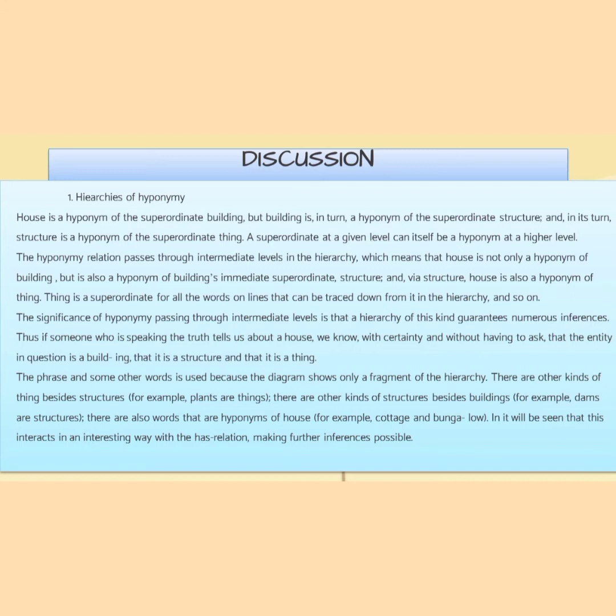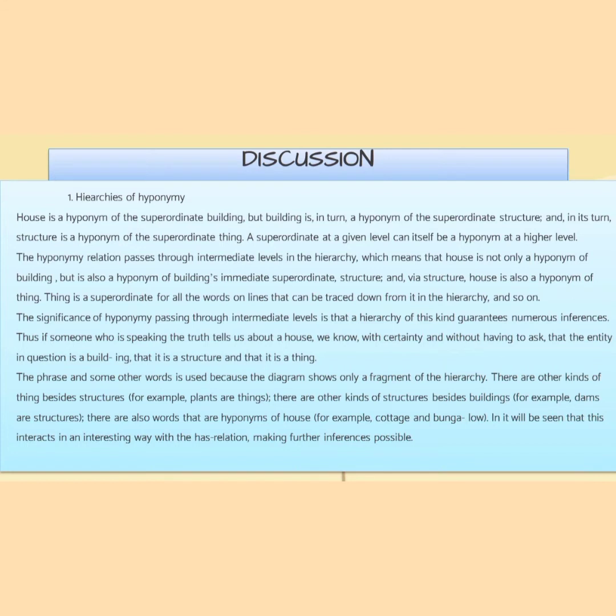the hierarchy. There are other kinds of things besides structure. For example, plants are things. There are other kinds of structure besides buildings. For example, dams are structures.